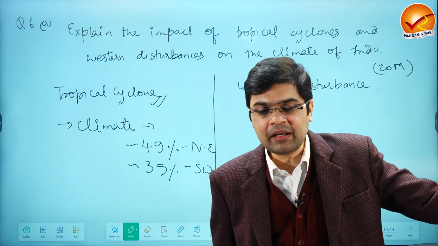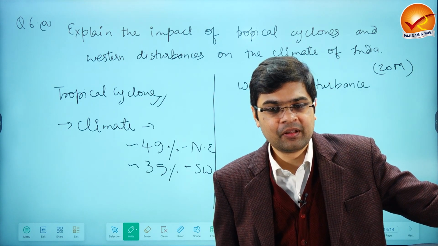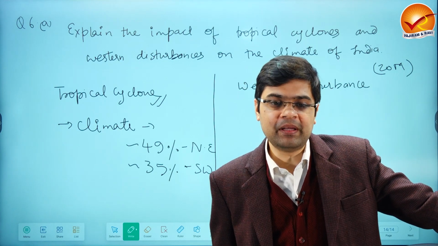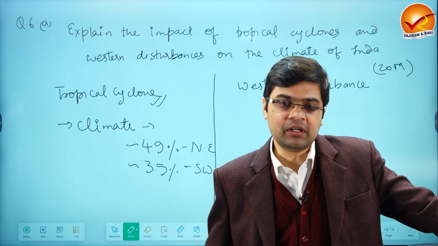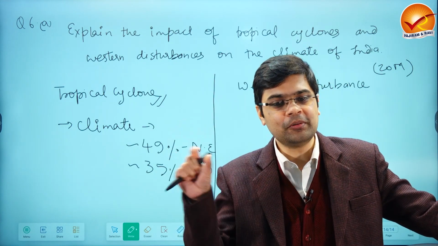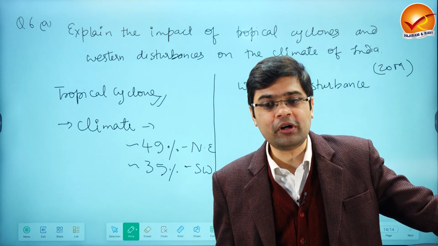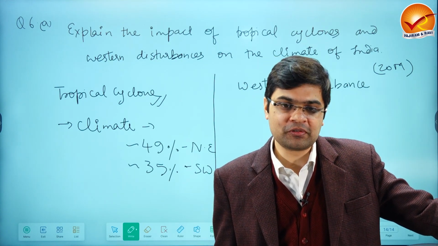Do you remember something like the monsoon trough? There is a trough that is formed over the Indo-Gangetic plains. And sometimes, if you remember, the trough tilts towards the south because of low pressure conditions in the Bay of Bengal. What can be the reason for that low pressure? One reason can be tropical cyclones.